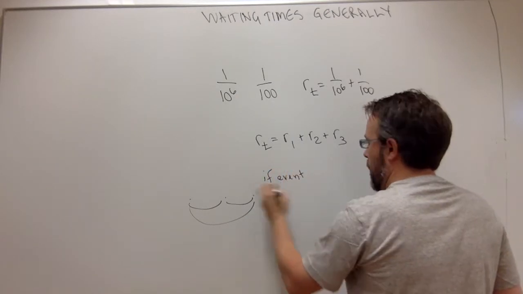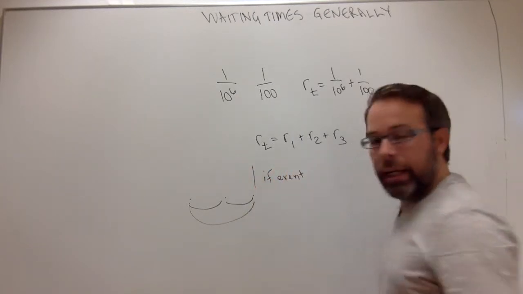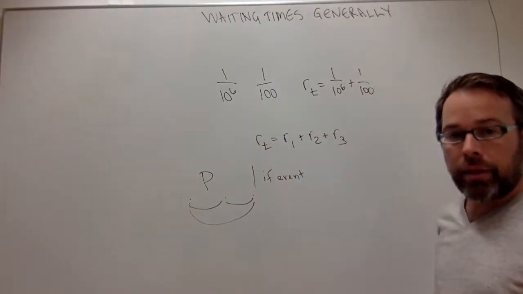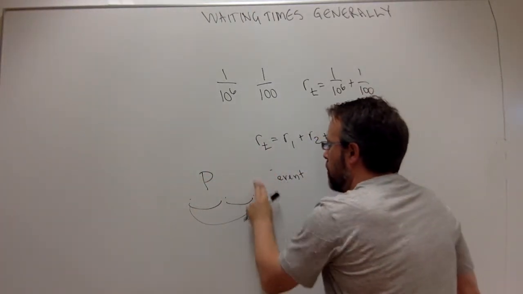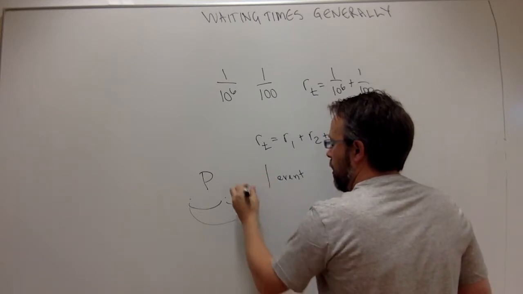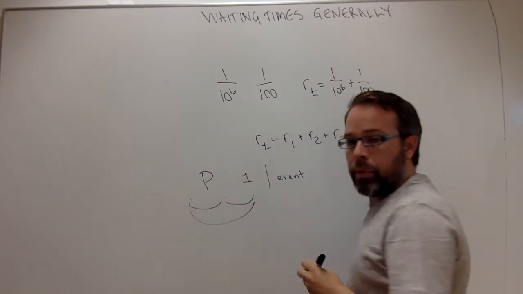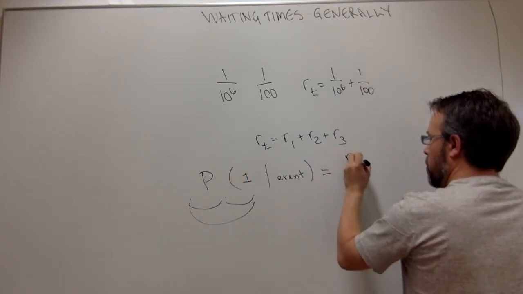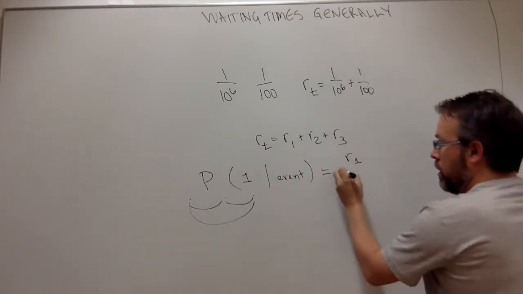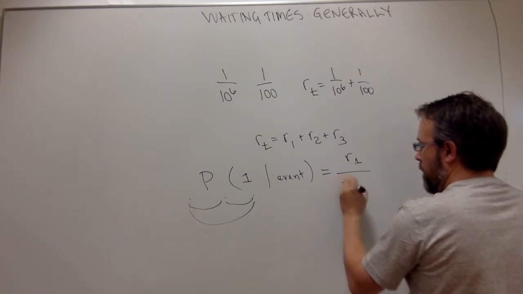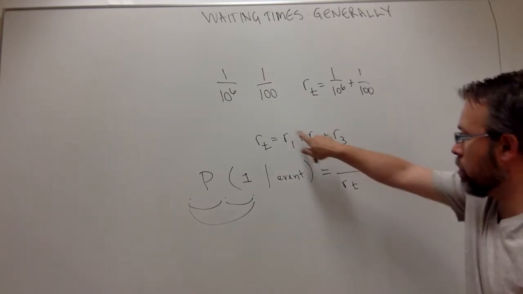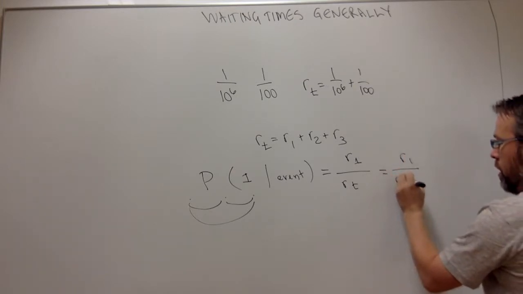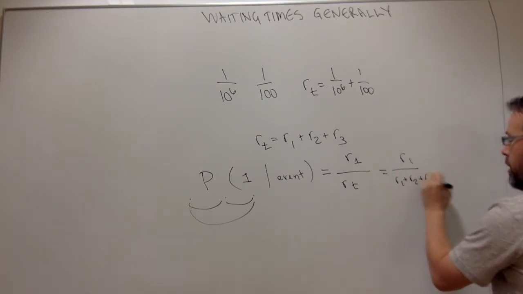Given that there's an event, and we generally write given like this, if we want to know the probability of something given that something happens, the probability that it's the first thing that happens, given that it's an event, is going to be equal to the rate of the first thing happening divided by the sum of the rates, the total rate, or R1 divided by R1 plus R2 plus R3.